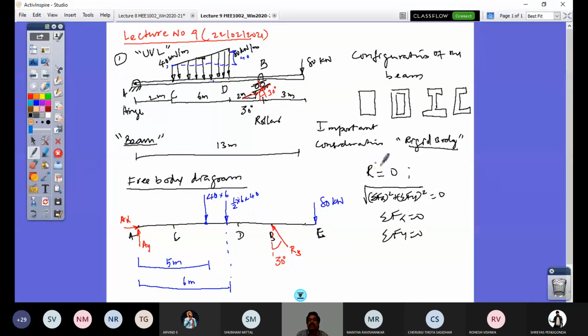Since it is a planar system of forces, the moment by the forces is only about the axis perpendicular to this board. So it is one equation, sigma M is equal to 0. So these 3 equations are required now to solve these 3 unknowns, and that would be solved very simply.